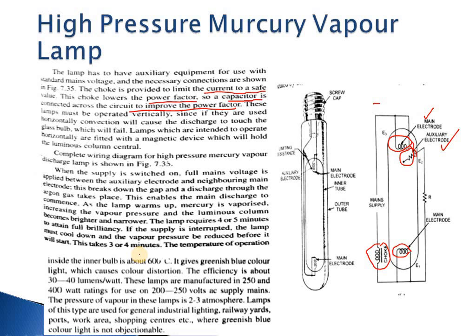So definitely these two lamps can be used for larger area illumination, but the problem is they can create color distortion, as the original light sources depend on some different color. So these lights will be used where color distortion doesn't matter, like street lighting, railway yards, parks. Here we can use the high pressure mercury vapor lamp.